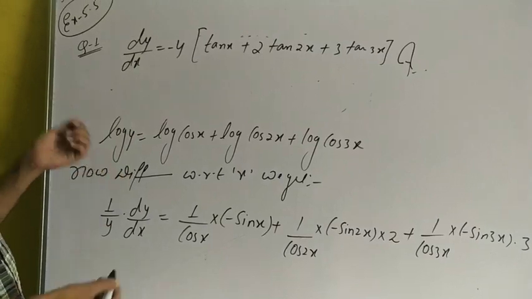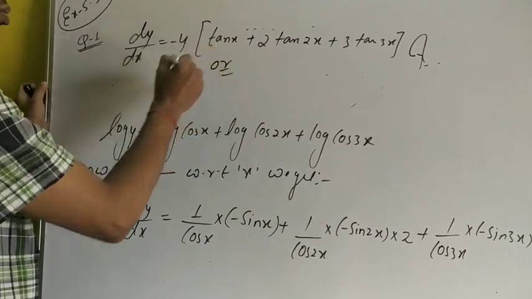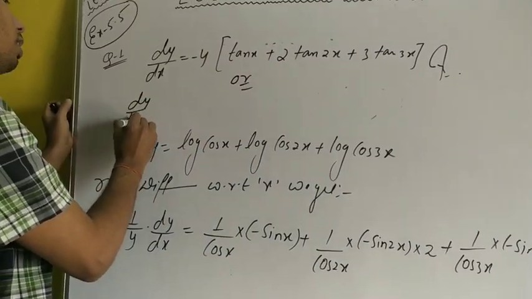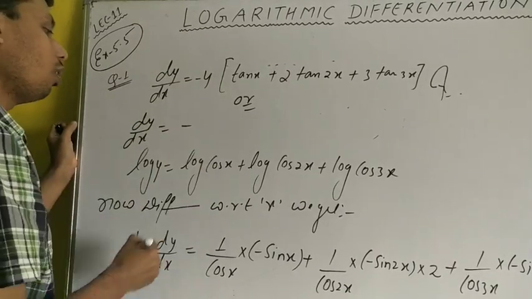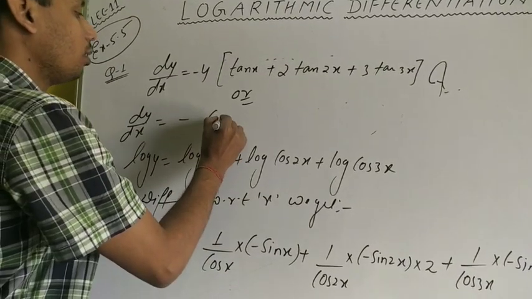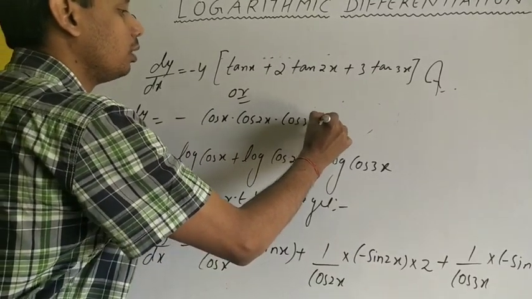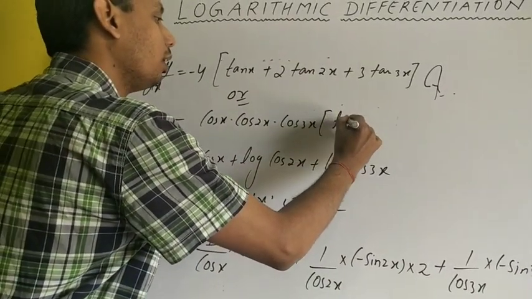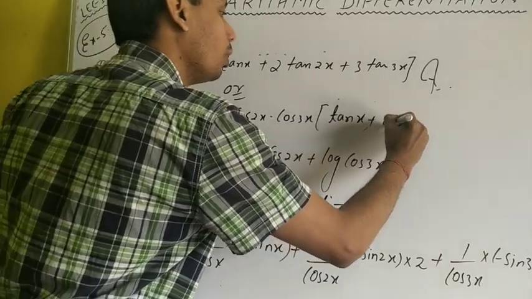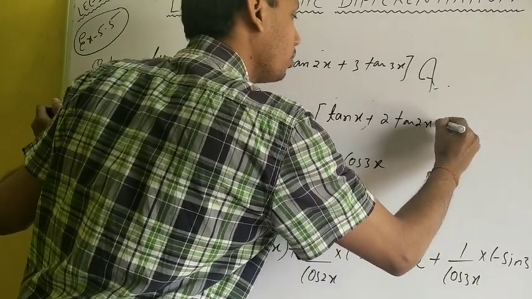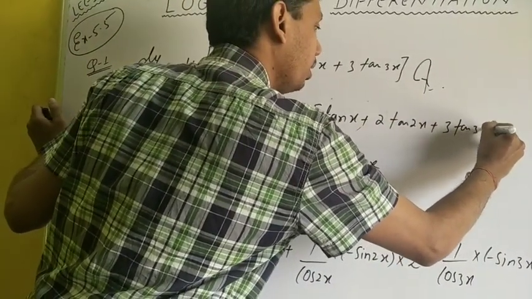Either you write this or you represent it in the simplest form: dy by dx is equal to minus of cos x cos 2x cos 3x into tan x plus twice tan 2x plus thrice tan 3x.